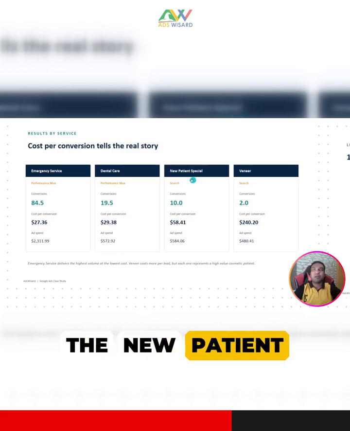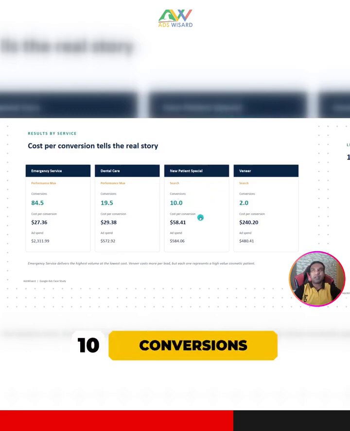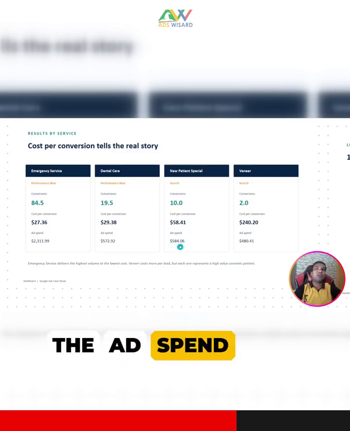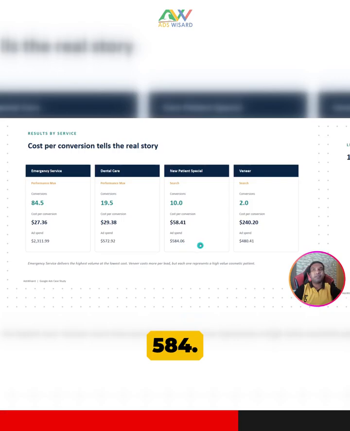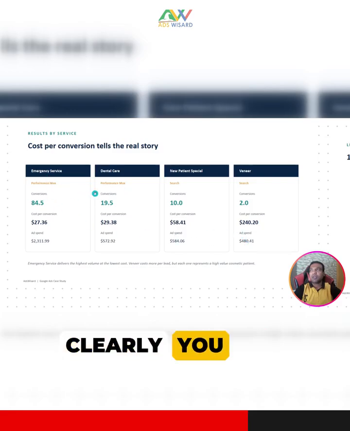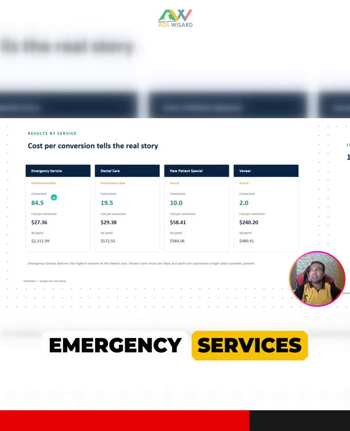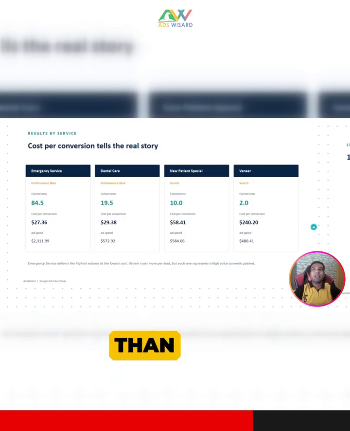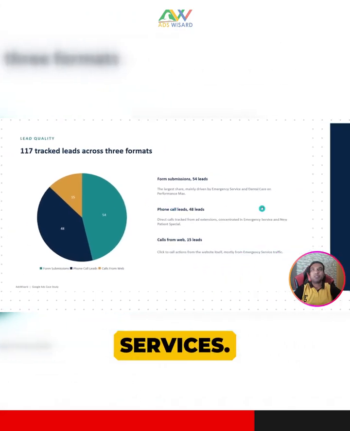For the new patient special, we got 10 conversions, cost per conversion was $58 and the ad spend was $584. For the veneer services, we got two conversions, cost per conversion was $240 and we spent $480 on this one. So clearly you can see the emergency services were generating more volume than any other service.